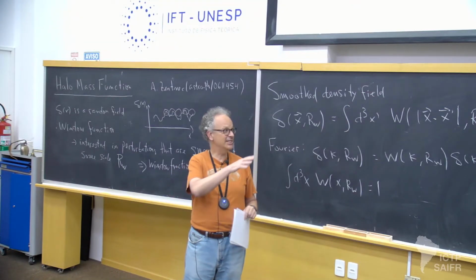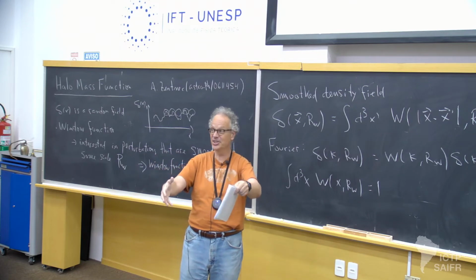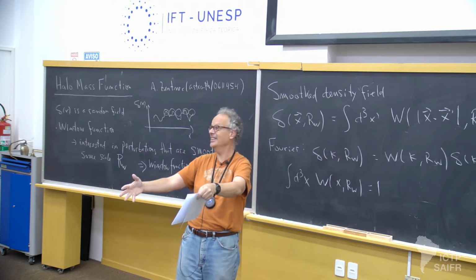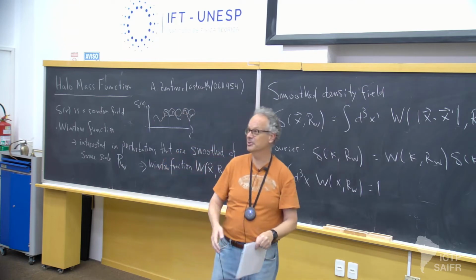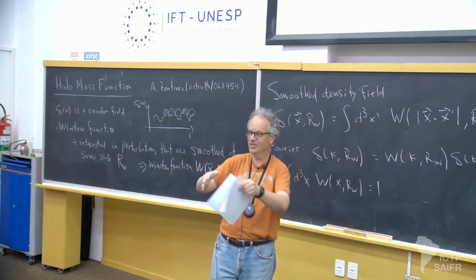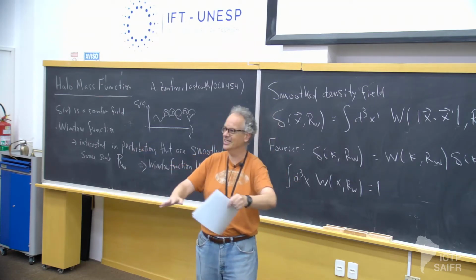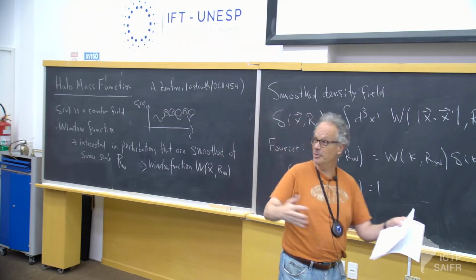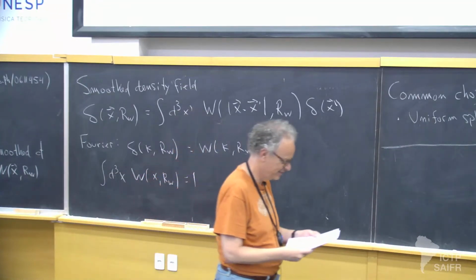And the nice thing of this is that you can define the mass inside this region, because this region is finite, right? This is going to be important. If you have another one like a Gaussian, you cannot define a mass, because the Gaussian goes to infinity, and you cannot define the mass inside the perturbed region. So this is nice because you can define a mass inside the perturbed region.